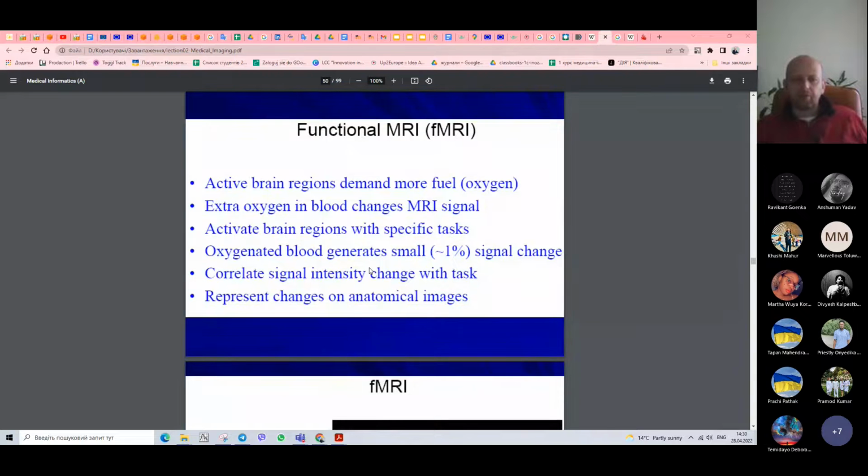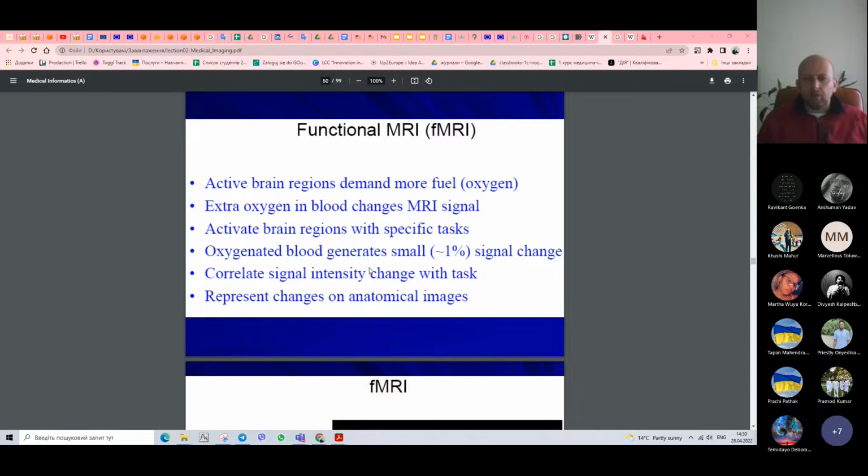Functional MRI. This gives the chance to study active brain regions, which demand more fuel and oxygen. Extra oxygen in the blood changes MRI signals. Activate a brain region with a specific task.